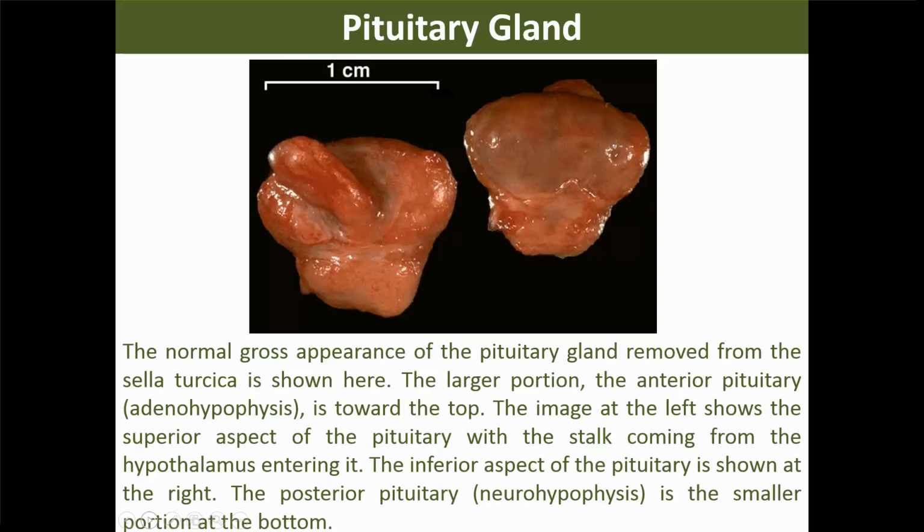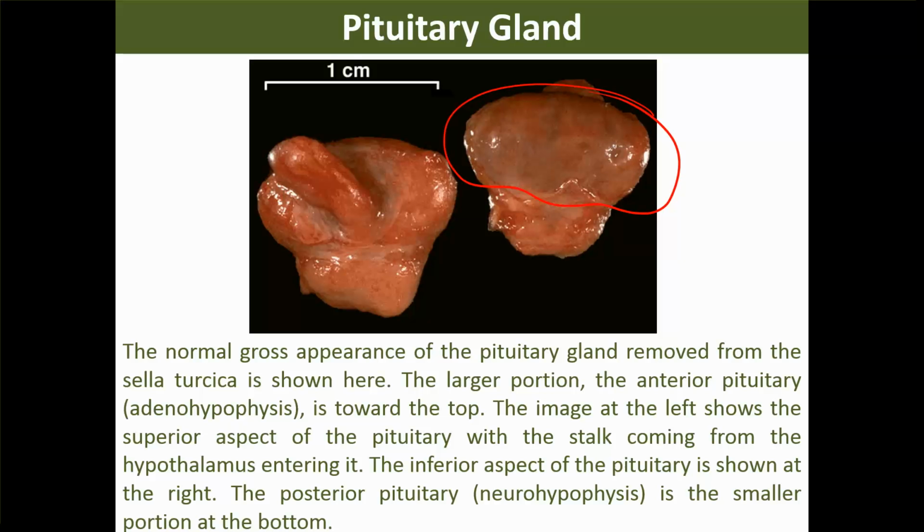So let us discuss the normal morphology of the pituitary gland. This is the normal gross appearance of the pituitary gland, which is removed from the sella turcica. Sella turcica is a bony cavity, like a bed for the pituitary gland, and the larger portion of the pituitary gland is the anterior pituitary.